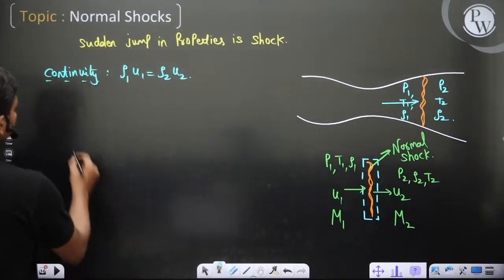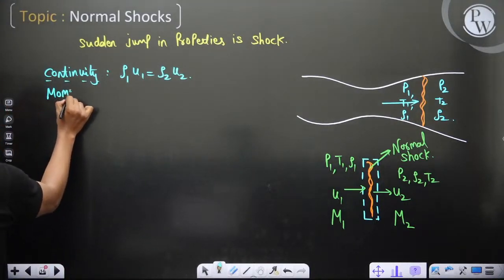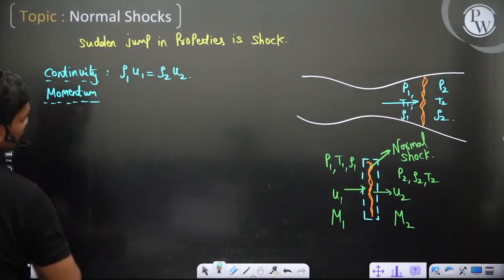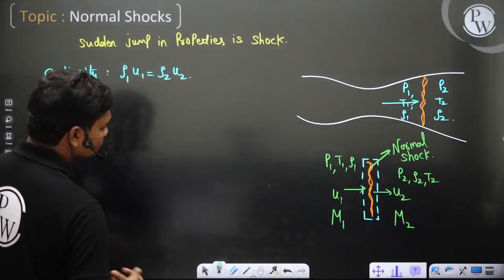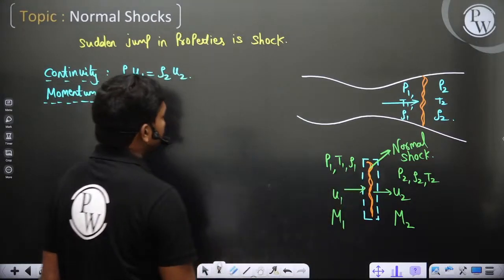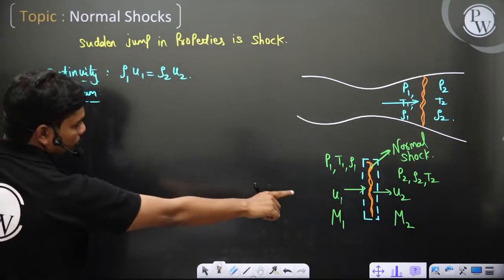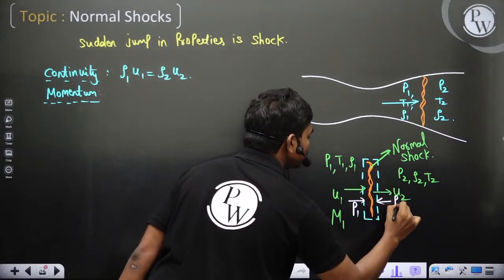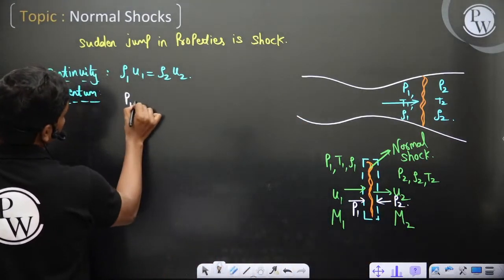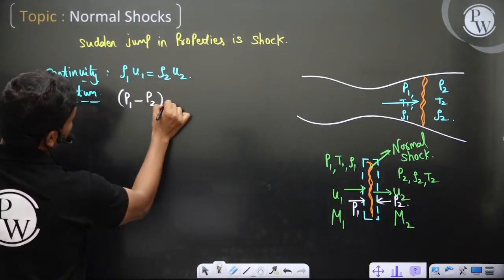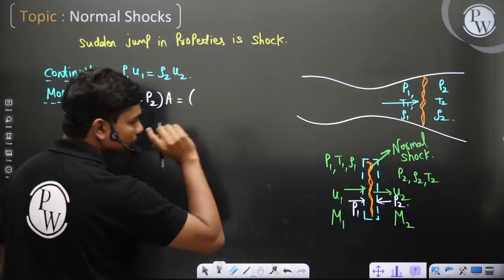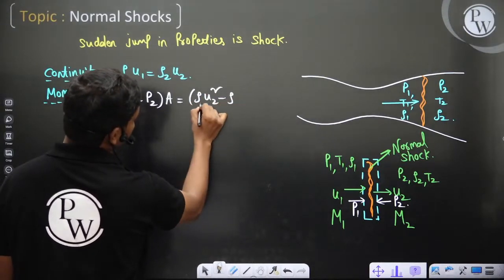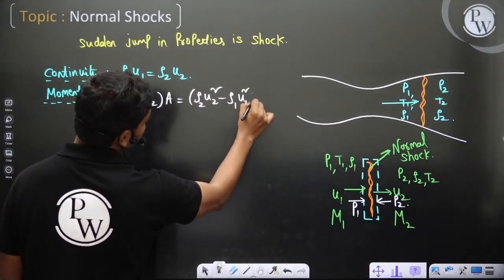And if you apply momentum balance, if the pressure is P1 here and P2 there, then (P1 minus P2) times area is equal to the rate of change of momentum, which is rho2 u2 square minus rho1 u1 square, times area.